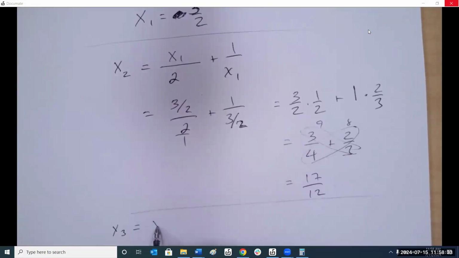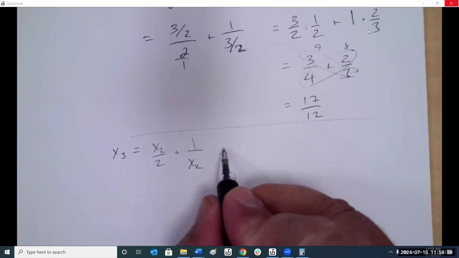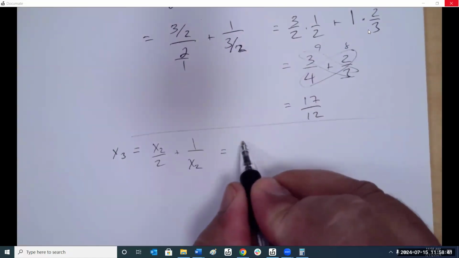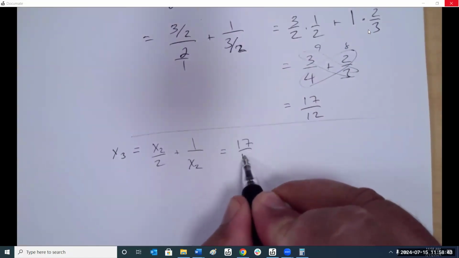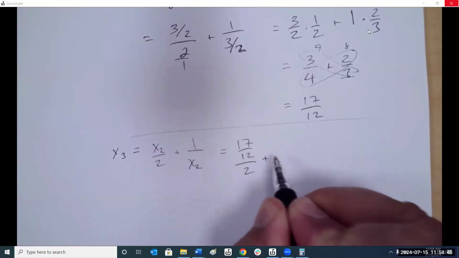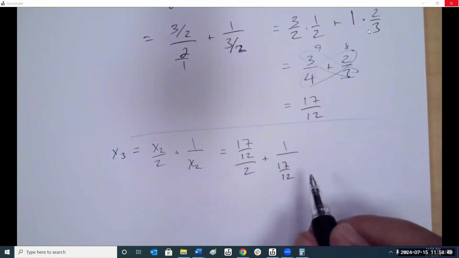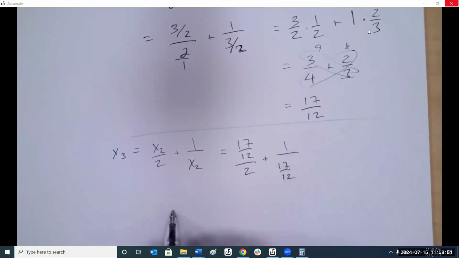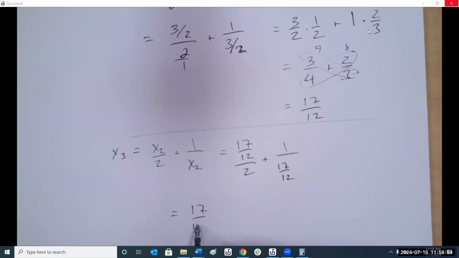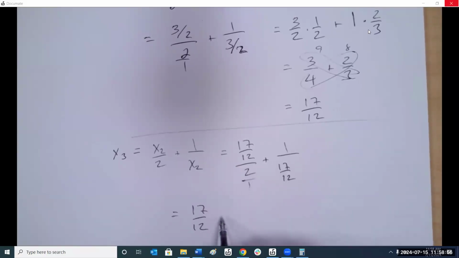Then we do the same thing. So it's x2 over 2 plus 1 over x2.